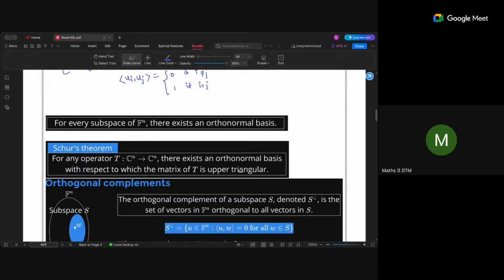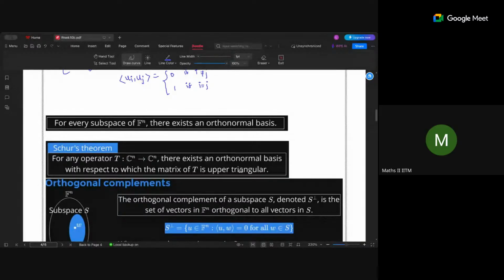So I guess it was in week 8 or week 9, I'm not sure, the triangularization part. We have seen that there are a few matrices which are not diagonalizable. All matrices need not be diagonalizable. So in that case, we can triangularize any matrix. That is true for any matrix, right?